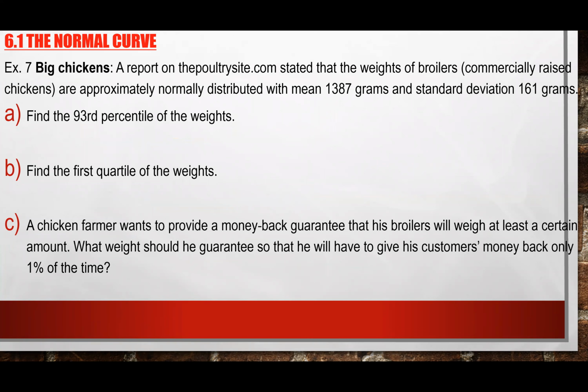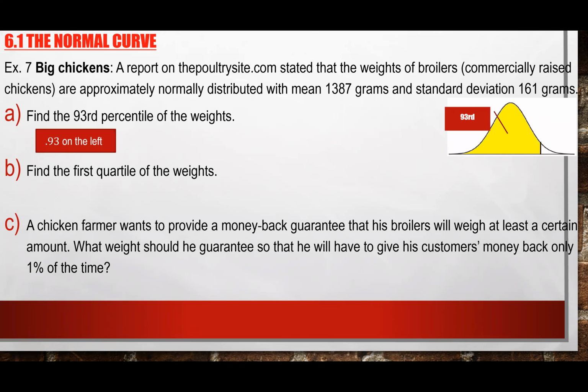The mean is 1,387 gram and the standard deviation is 161 gram. Now, A, find the 93rd percentile of the weight. Hopefully you see that the 93rd percentile is very similar to the previous problem C. The percentile tells you the percentage to the left, and in this case, 93rd percentile is 0.93.